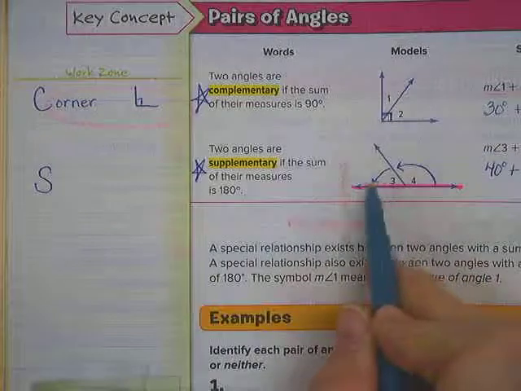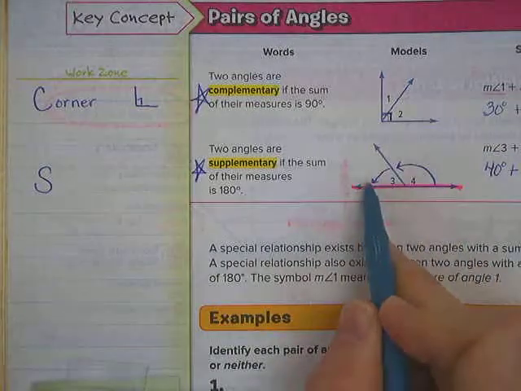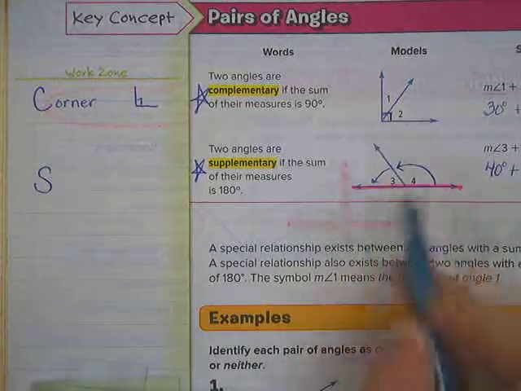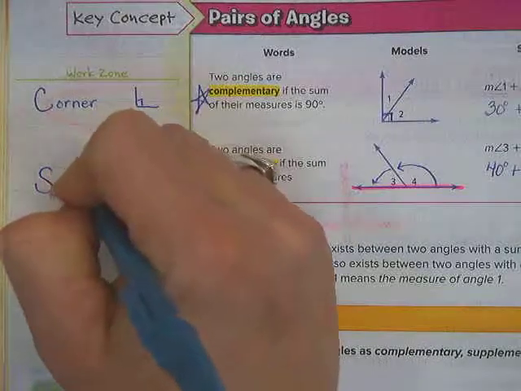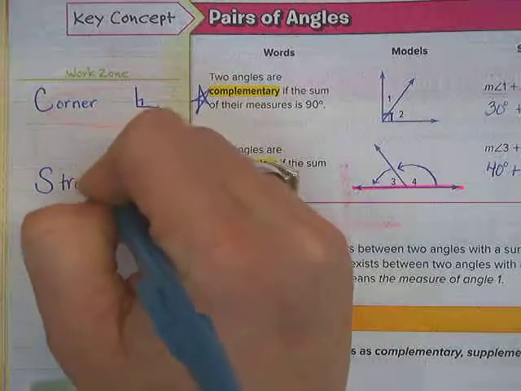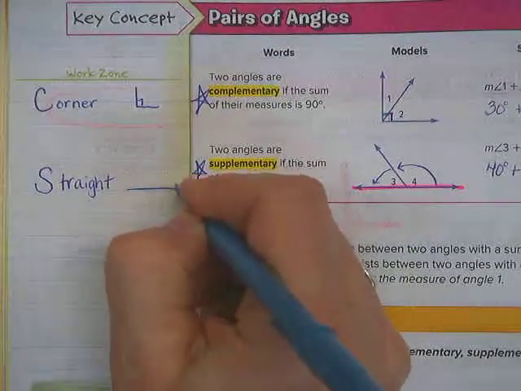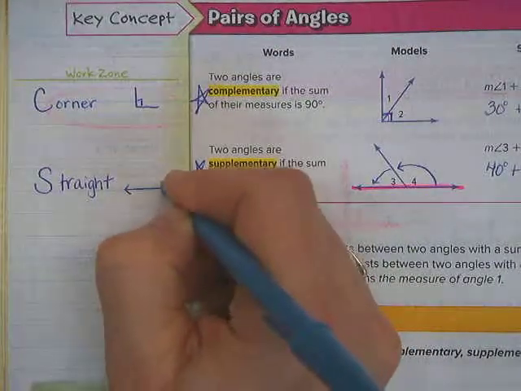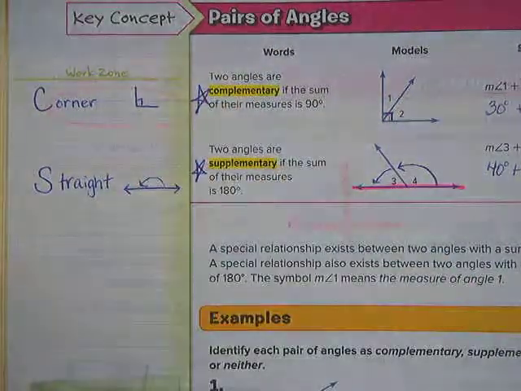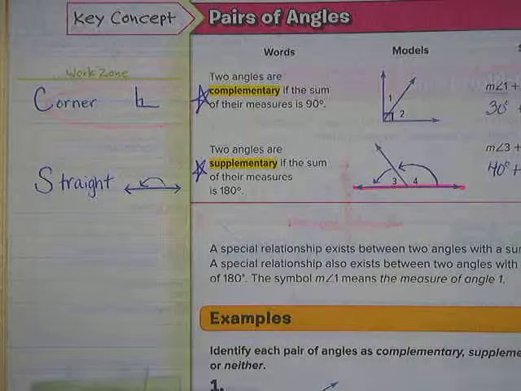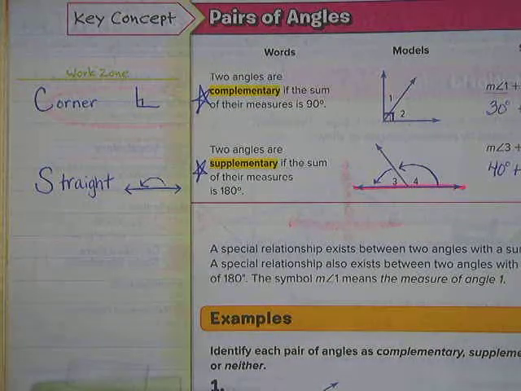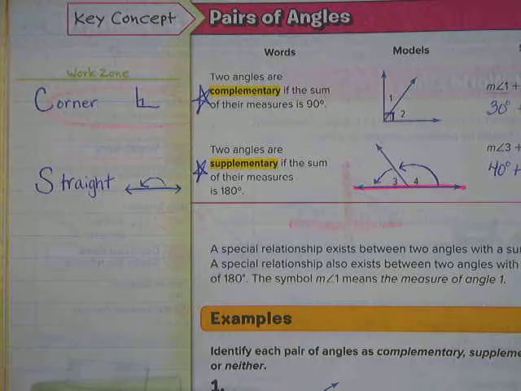Supplementary starts with an S, and supplementary makes a straight angle, a straight line. So S is for straight or supplementary, or 180 degrees. So there's two ways that we've come up with that.